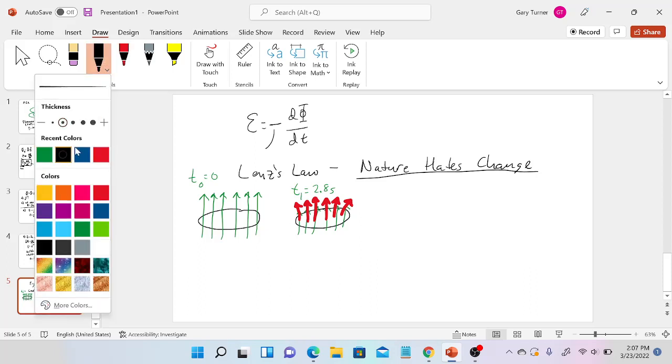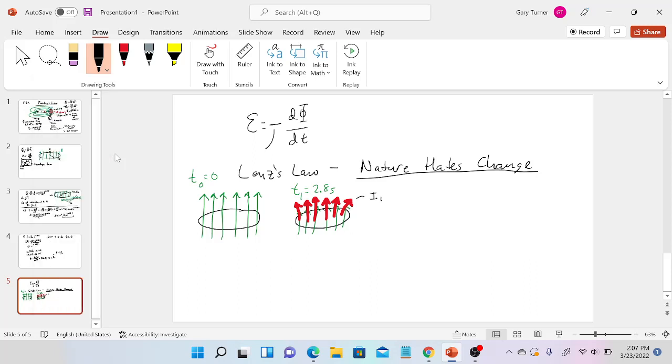And so as a result, we can then specify the direction of current if we know the direction of the magnetic field. So the B_induced is the induced magnetic field by the coil's current itself.